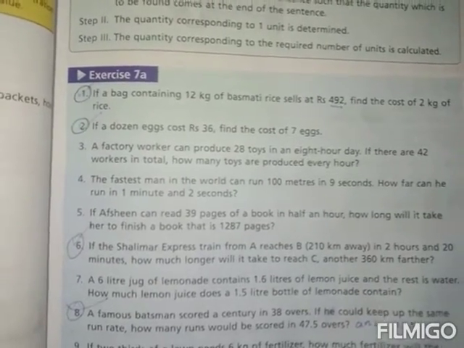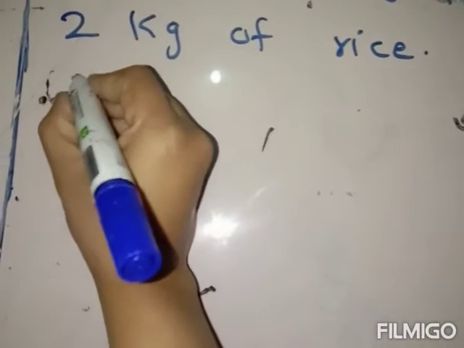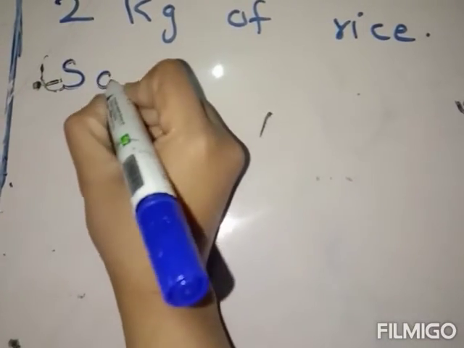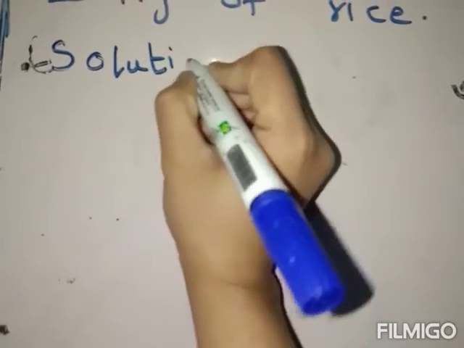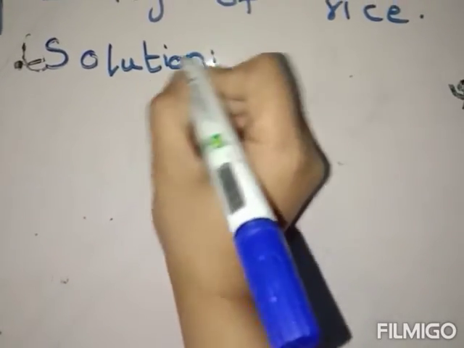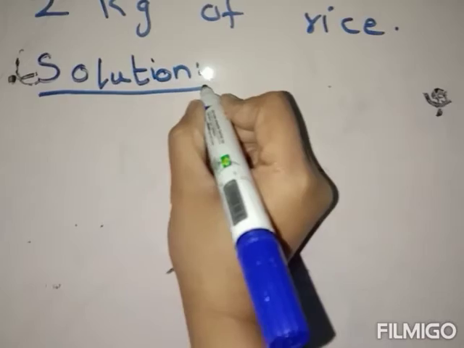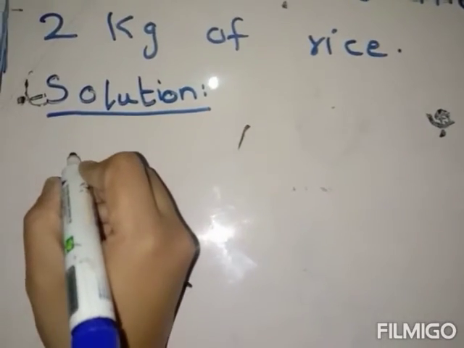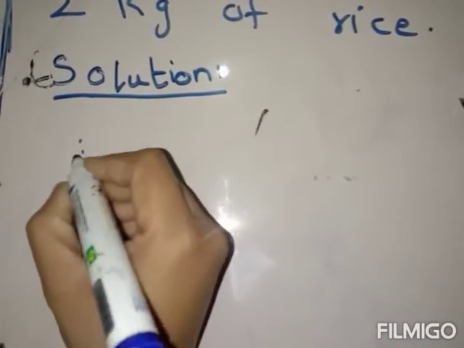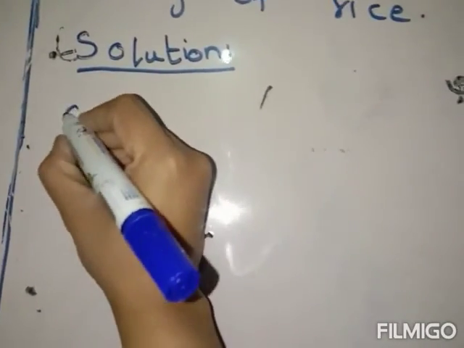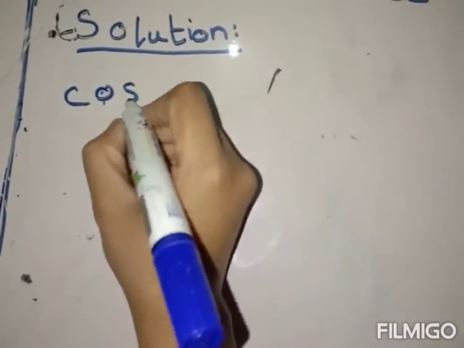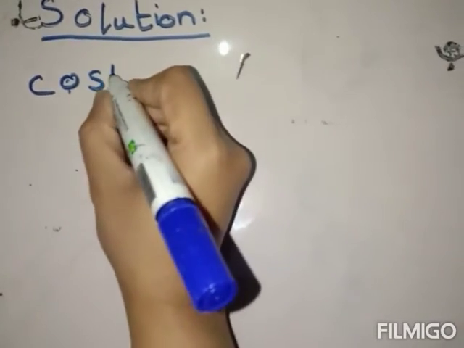So we will use the unitary method to find the price of 2 kg of rice. Let's start. Students, first of all we will write solution, then we will underline it. After that we will write statement. First of all we will write the price of 12 kg rice. So you can write price or cost.